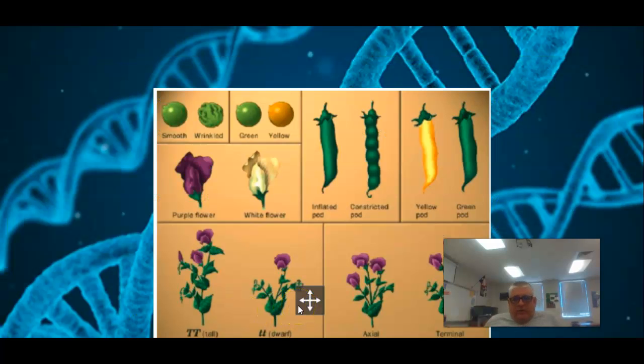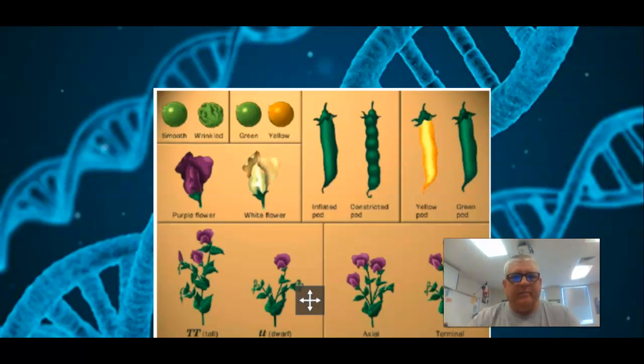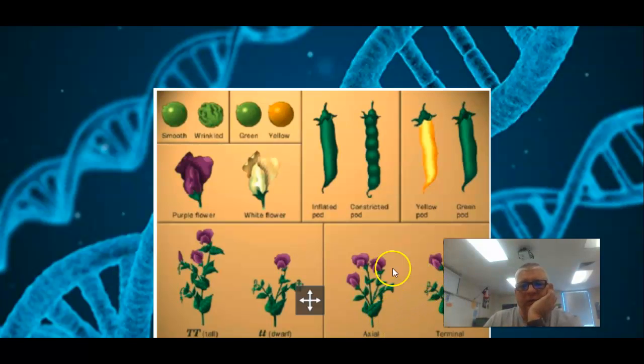Now, Mendel did a lot of different types of research on pea plants, whether he's talking about the configuration of where the flowers are, or whether they're tall and short pea plants, or color of the flowers, or the color of the peas, or whether the peas are wrinkled or round.